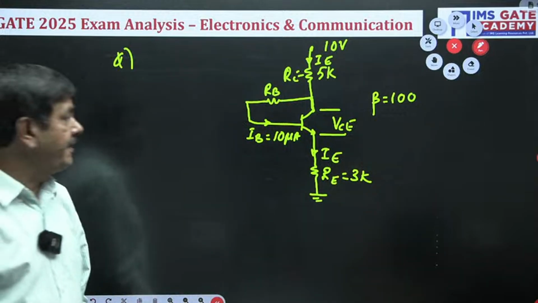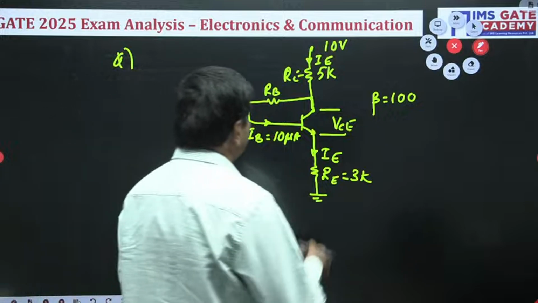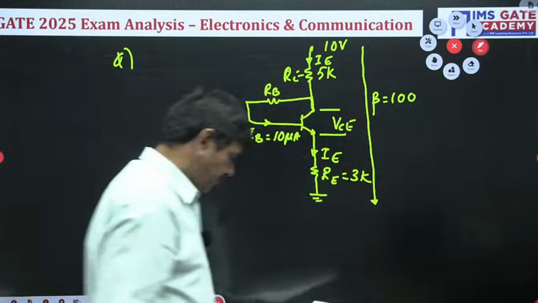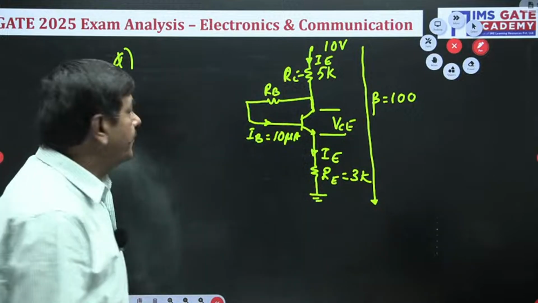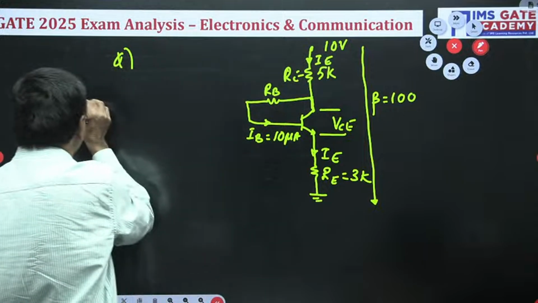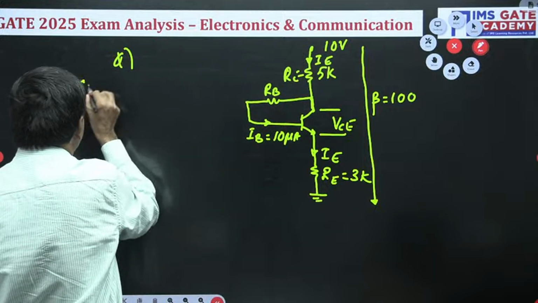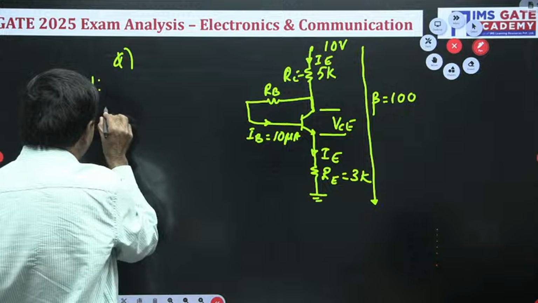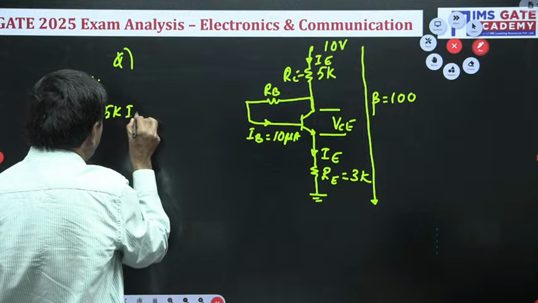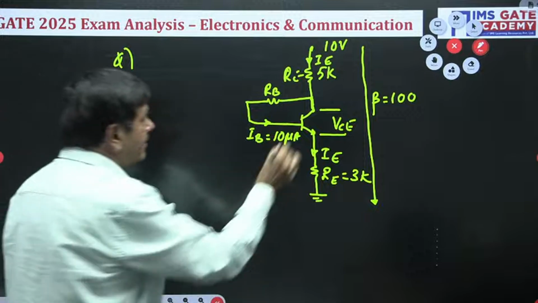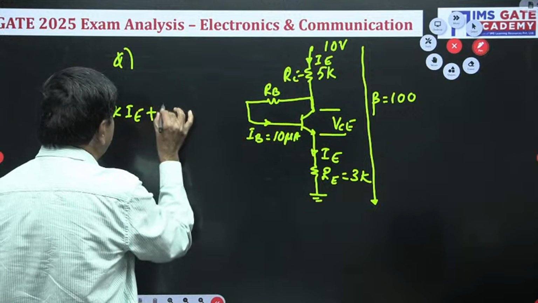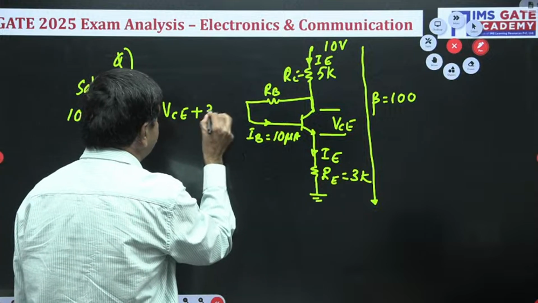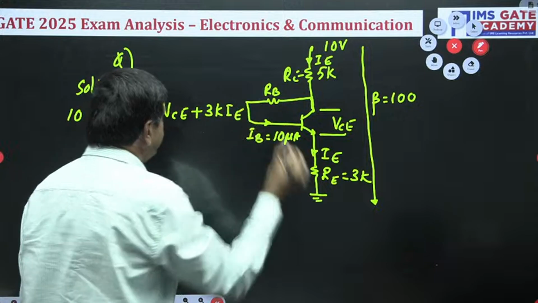Just by applying KVL, we can find the required value of VCE. Apply KVL from top to bottom. Then 10 volts equals 5K into the emitter current IE, plus this voltage drop which is VCE, plus the drop across this, 3K into IE.